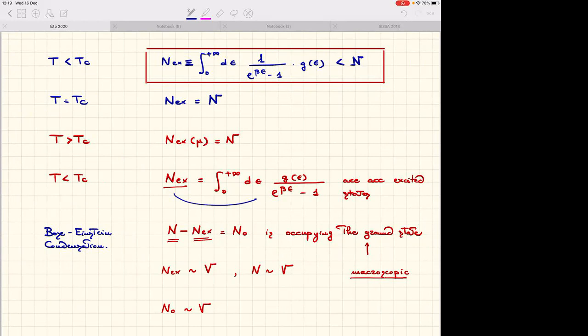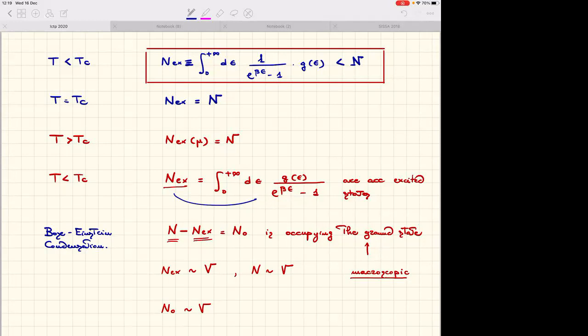So what does it mean that this equation is not satisfied? It means that the things that you're putting in this integral are not enough to account for all the particles in the system. But you're not losing particles. These particles are put somewhere.